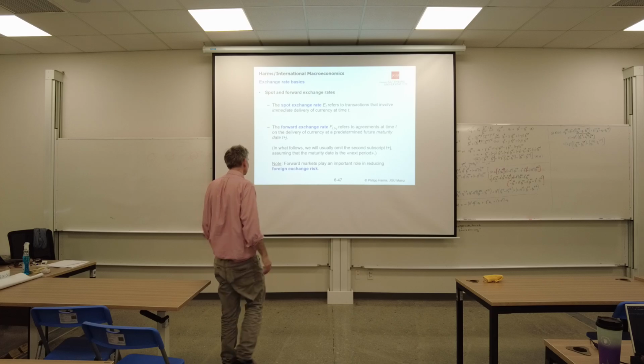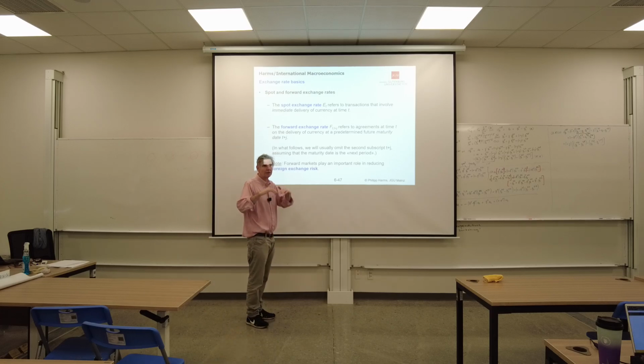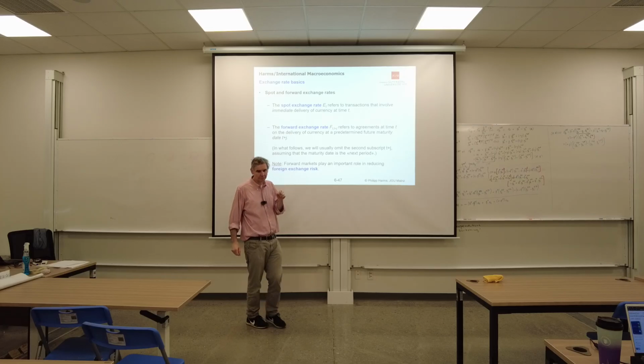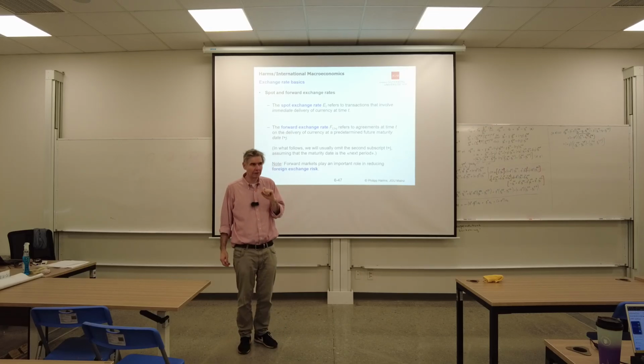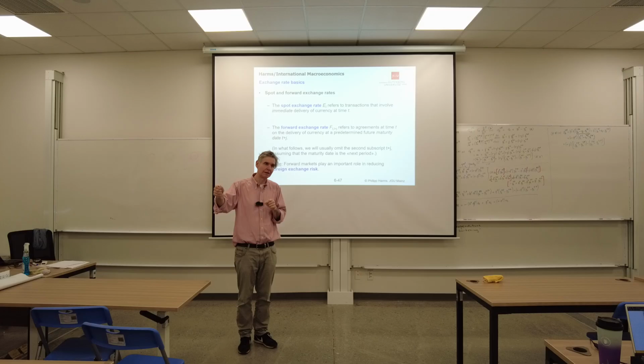Now, forward markets were introduced to eliminate exchange rate risk. Because what you can do is, suppose you're getting $50,000 in 6 months. You can sell those $50,000 today on the forward market, which doesn't mean that you have to deliver any dollars right now and you don't get any Vietnamese dong right now, but you know the price that you will get in 6 months.